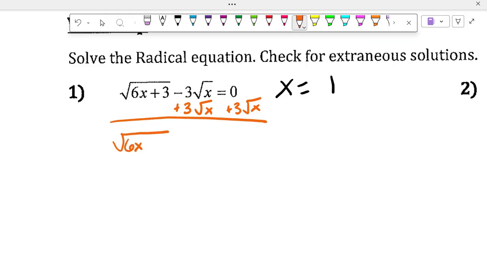So this is the square root of 6x plus 3 is equal to 3 square root x. Now, even though we got this multiplying by 3 here, it doesn't matter. We can still go ahead and square both sides. We just got to make sure that we invoke the power rule. All right. So once you get both radicals on the same side, and you can't do any other simplifying, just go ahead and square both sides.